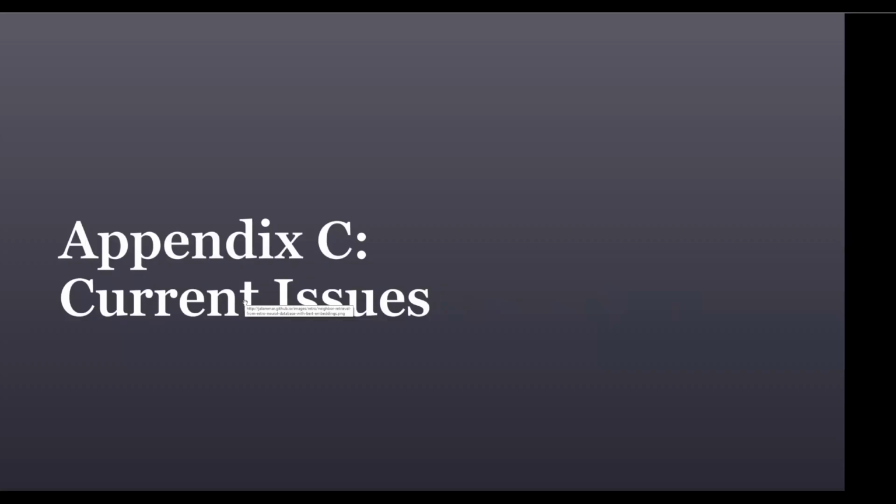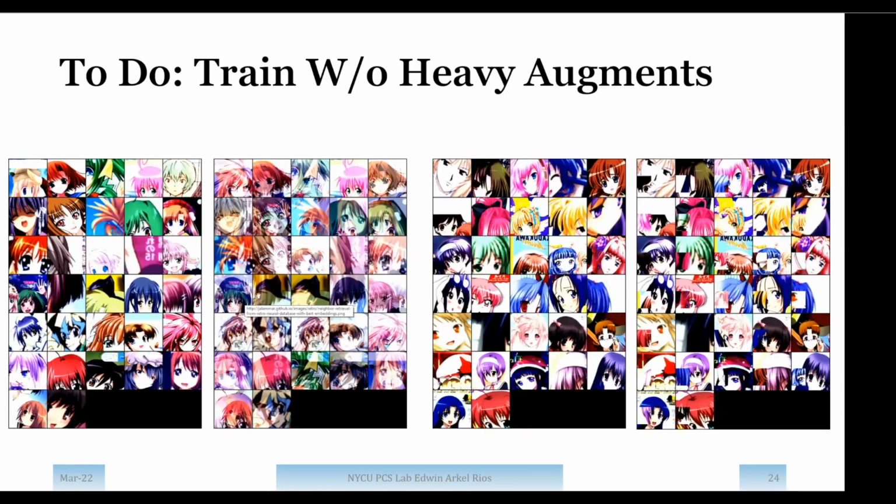For example, I have been working on this anime dataset, and this is a commonly used augmentation called mixup. Basically, it combines two images together, and this one is called CutMix, and it does something similar, but by doing some cuts.